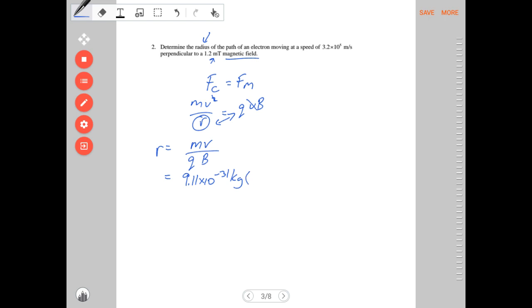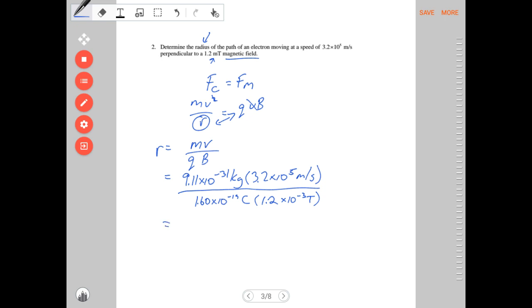The velocity, we are told, is 3.2 times 10 to the 5 meters per second. The charge on an electron is 1.60 times 10 to the negative 19 coulombs. And the magnetic field is 1.2 milliteslas. So remember, milli is 10 to the negative 3 Teslas.